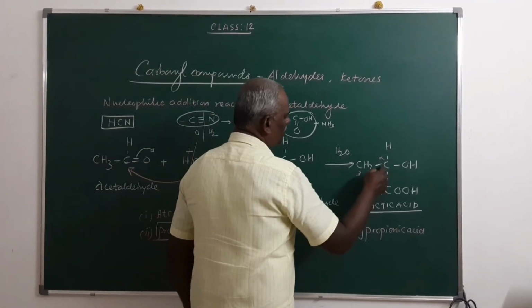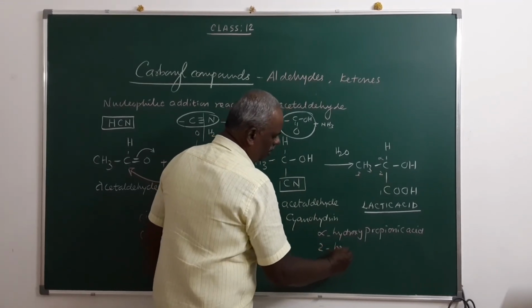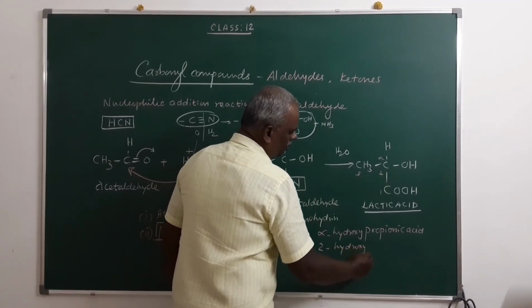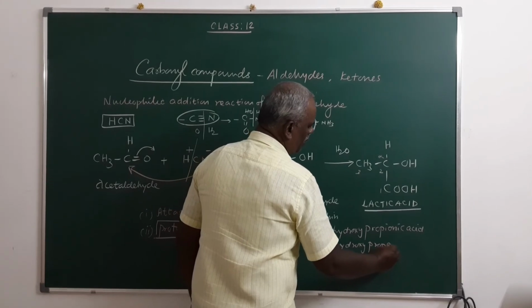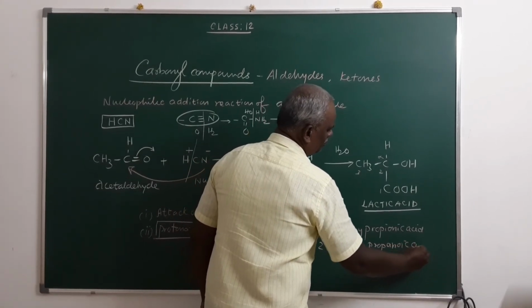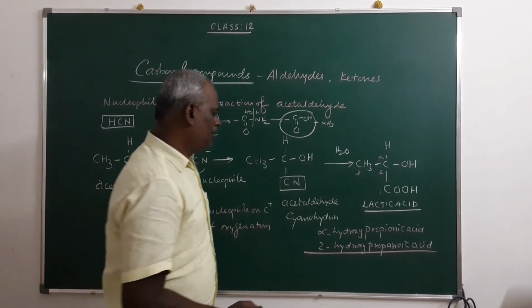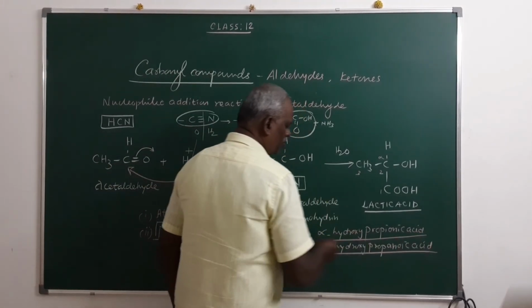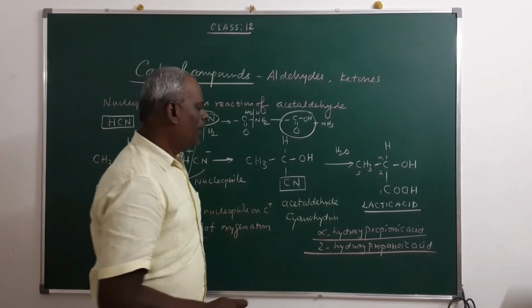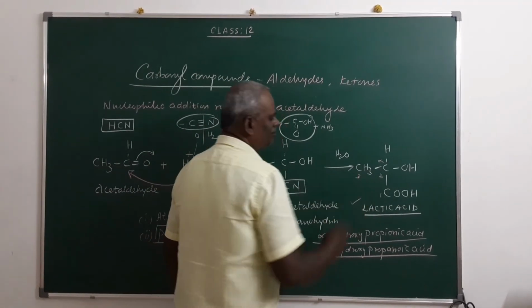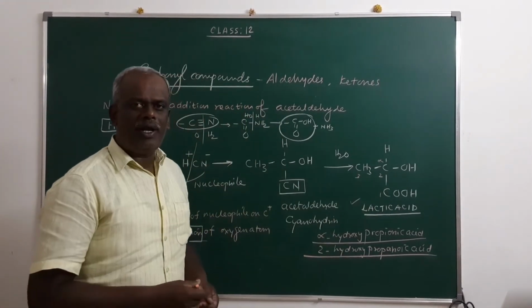Otherwise, the second carbon has the OH. You can call this 2-hydroxypropanoic acid, the IUPAC name. The common name is alpha hydroxypropionic acid, and it is also called lactic acid. It's an optically active compound.